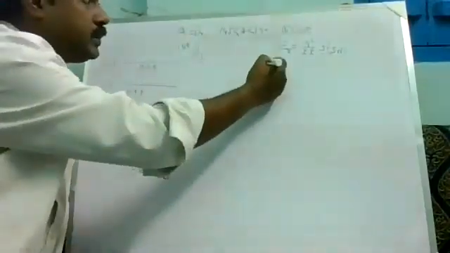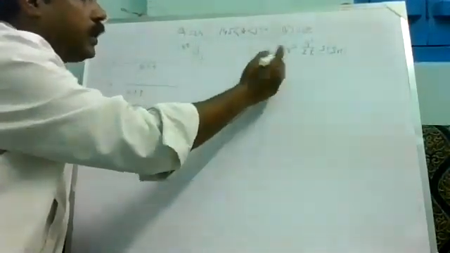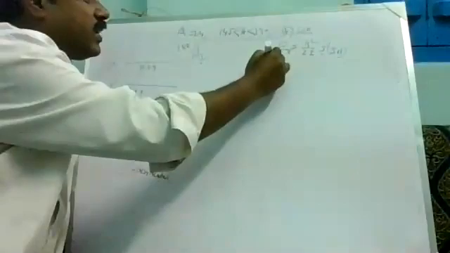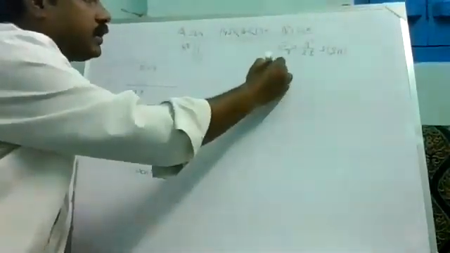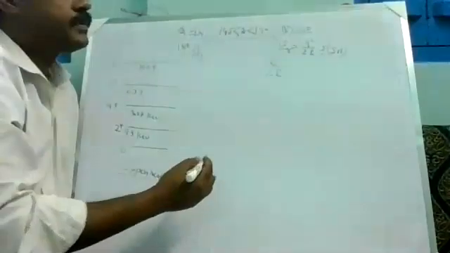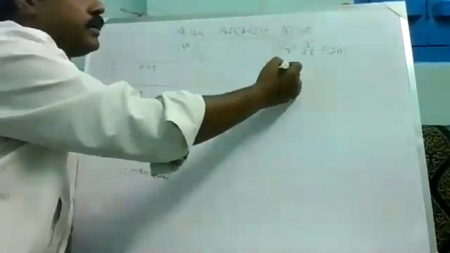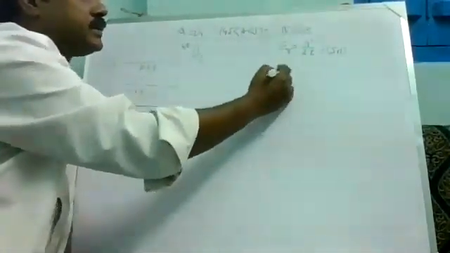If we fit this thing with the experimental value, that means for J equals 2, we get ħ² by twice I into 6.